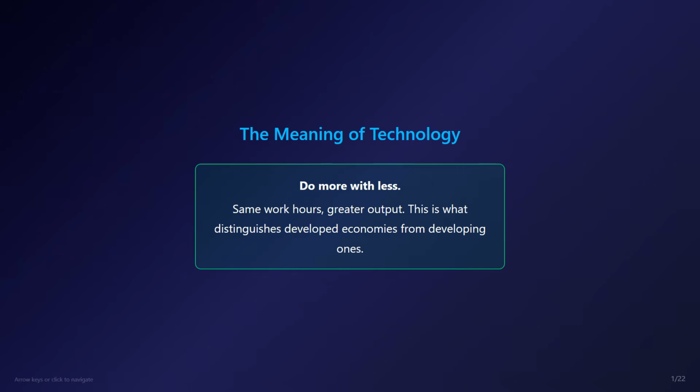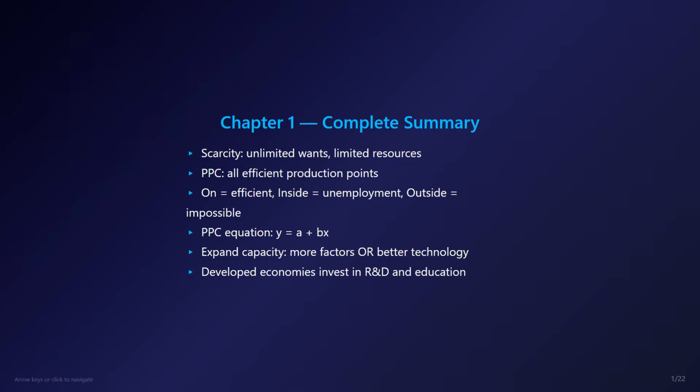We found the mathematical equation of the curve and saw how to use it. Finally, we learned that it's possible to shift the production possibility curve outward by increasing production factors or through technological improvement. Economies that want to increase their production capacity need to invest in increasing the quantity of production factors and in technological improvements, through research, development, education, and training. This is what distinguishes developed economies from developing ones.